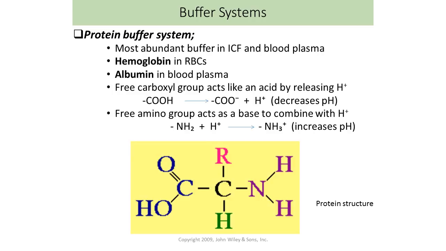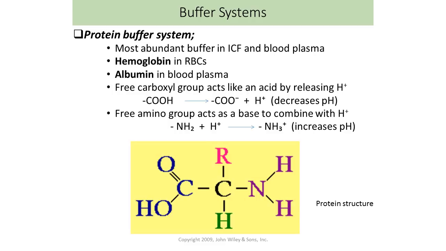So if we were to look at the bottom of this slide, a basic idea of a protein structure, we have a carbon backbone of some sort, and these can be very, very large carbon structures, but somewhere on the protein structure, you're also going to have a carboxyl group, which is the carbon with 2 oxygen and a hydrogen ion. And then we also have an amine group, which is the NH2 that you see.